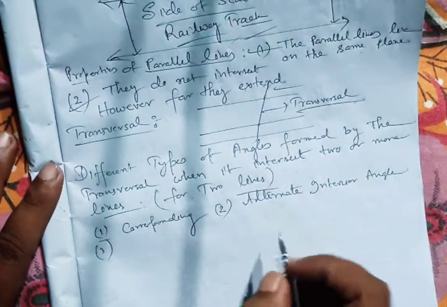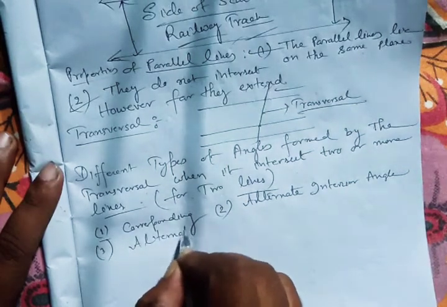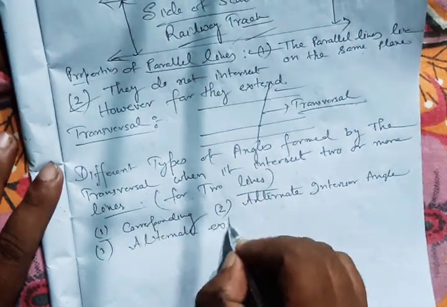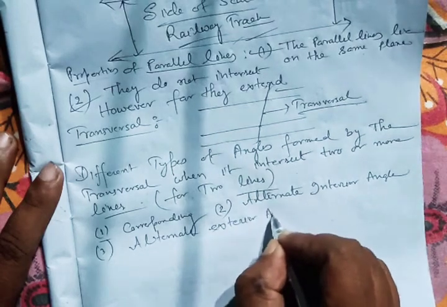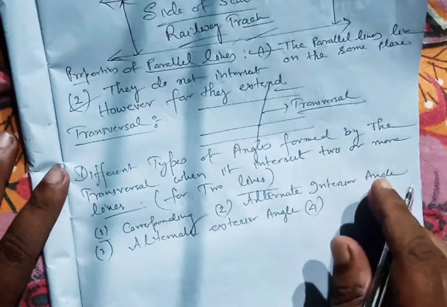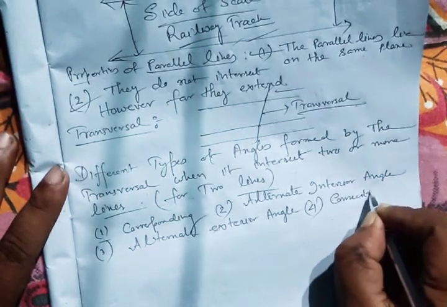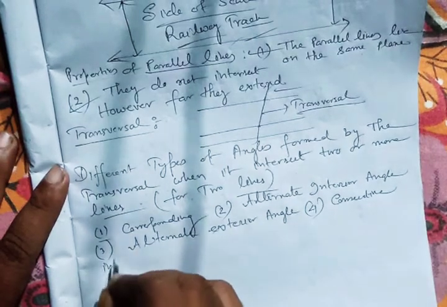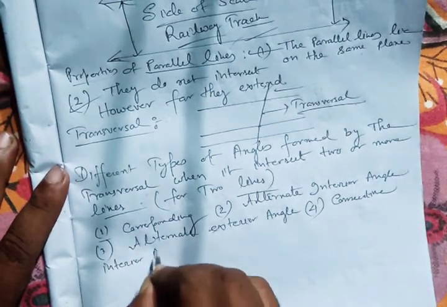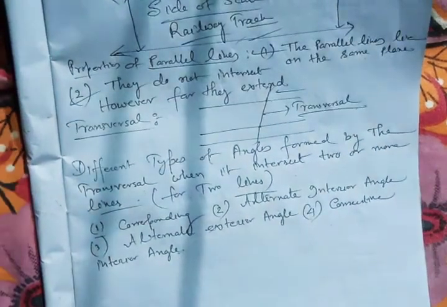Third is alternate exterior angles. Fourth, consecutive interior angles. Okay.